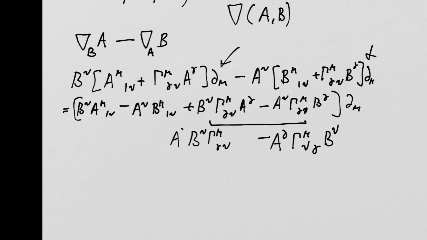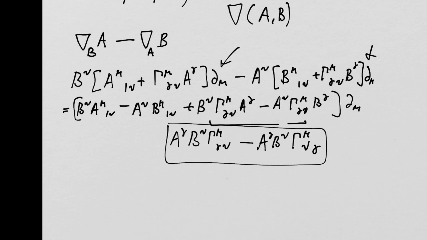I'll bring out the A gamma up here, and to make the comparison good, everything commutes when you have these, so I'll make this A gamma B mu, and there's a minus sign. Okay, so this expression right here is exactly the same as that pair up there.